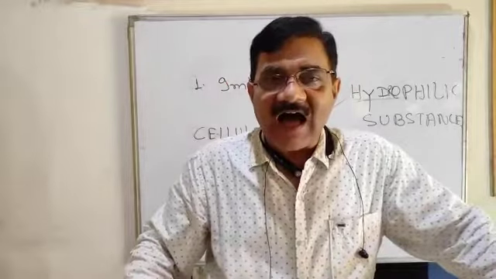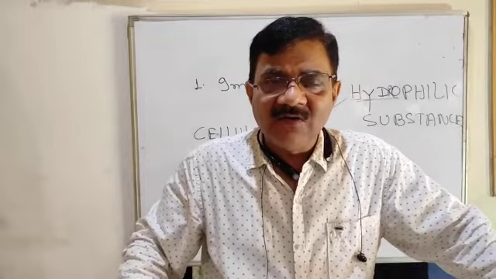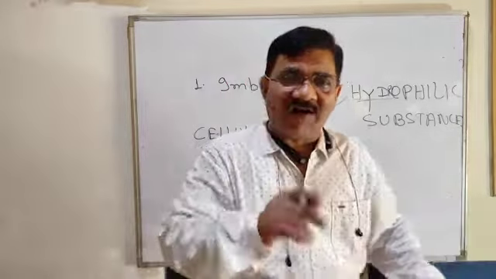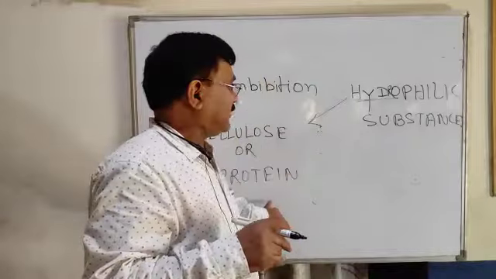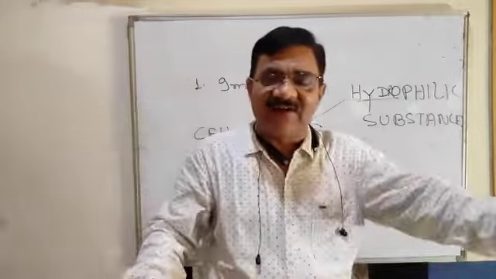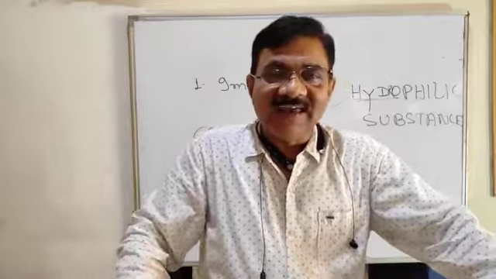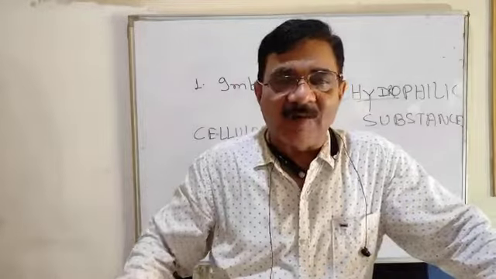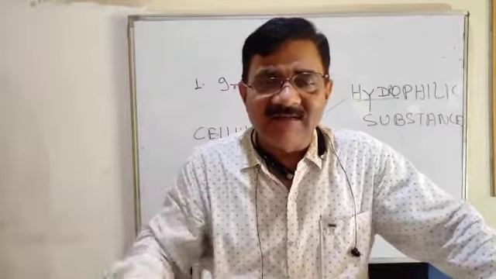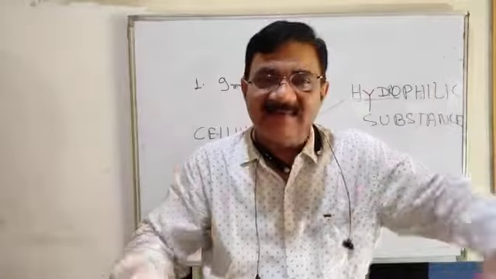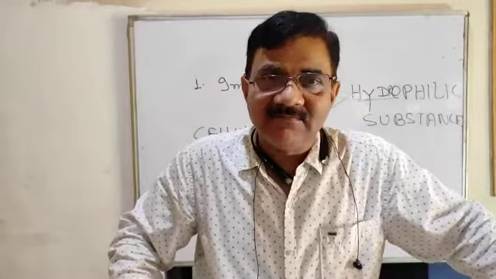Wooden doors are made up of what? Wood. And wood contains cellulose and protein, which means they are hydrophilic substances. So in the rainy season they absorb moisture, they swell and they bend, they become jammed.